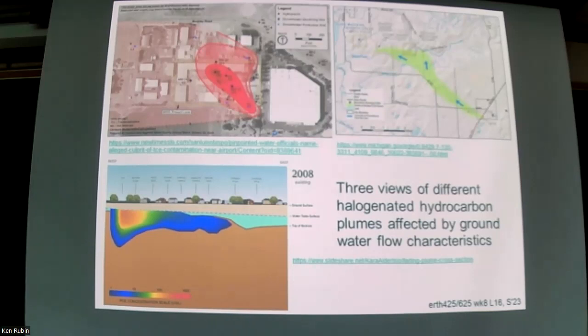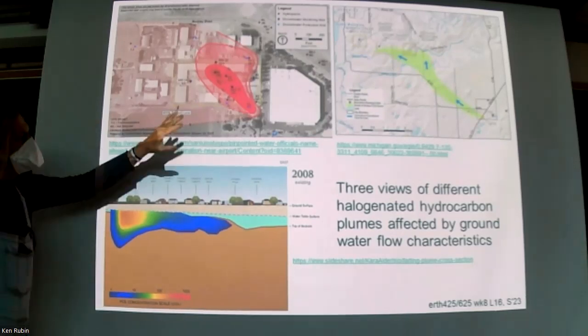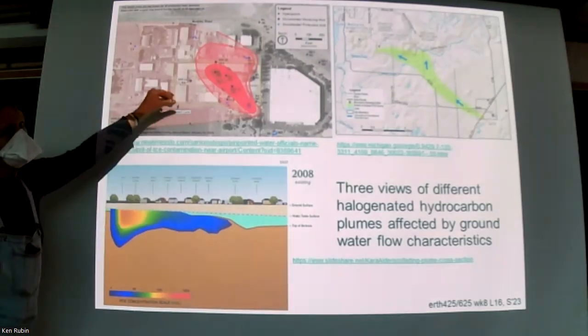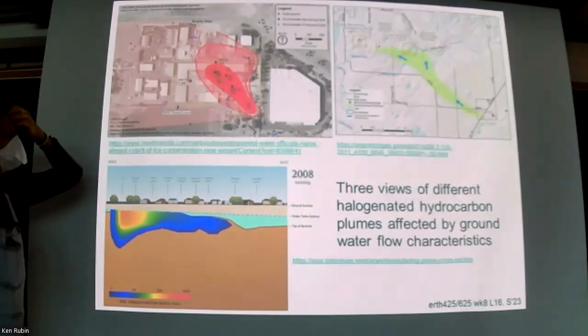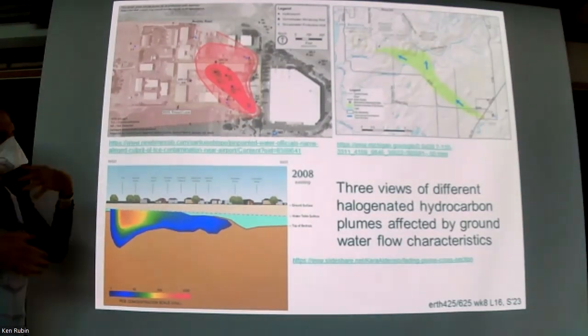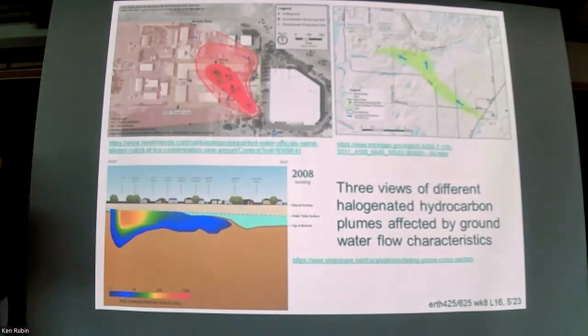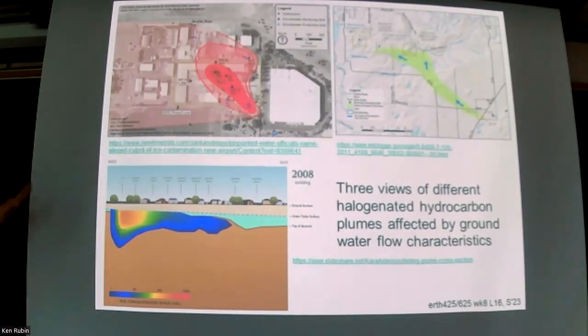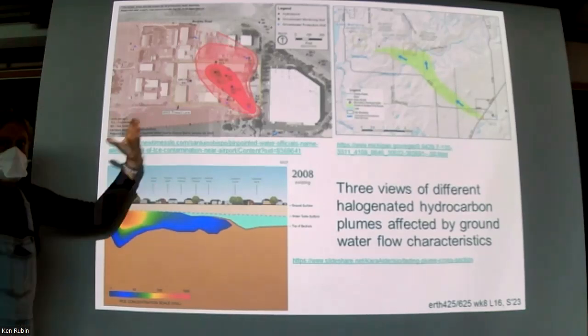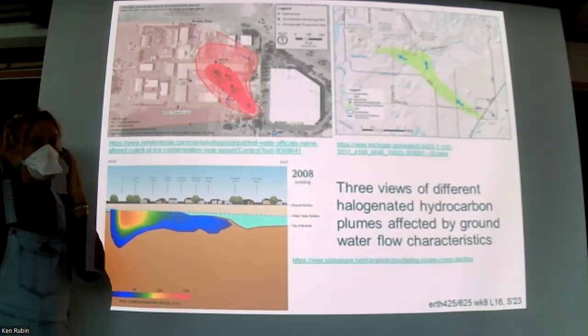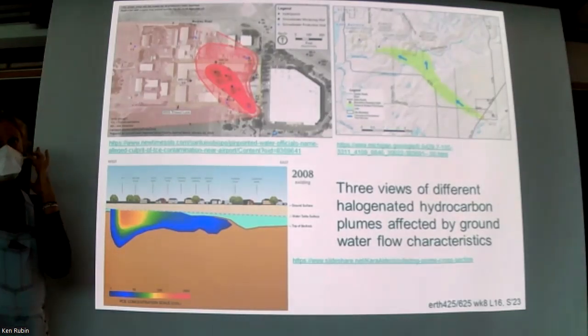And so, as I say, we're going to talk about all these things in a lot more detail, but I just wanted to get to this point to help illustrate for you that all of these variations that we're talking about become really realistic and important when we're trying to figure out, for instance, is that person's well water or that person's well water or both of them going to be contaminated by an organic contaminant that was introduced by an accident or on purpose or whatever, recently or a long time ago, and how do you figure it out?